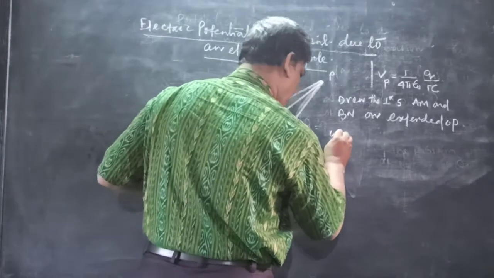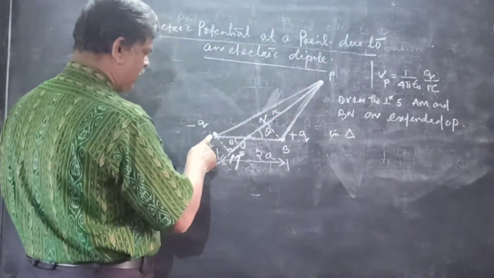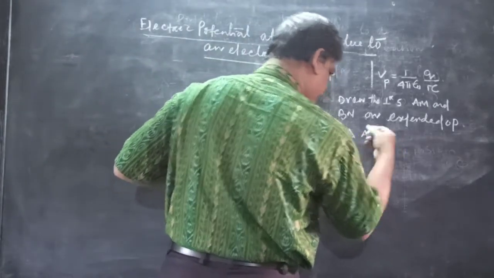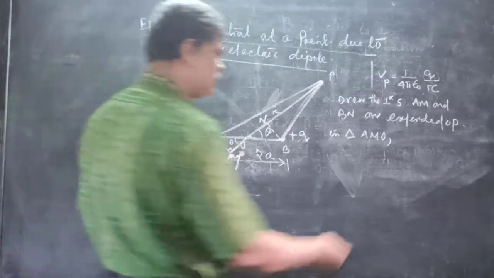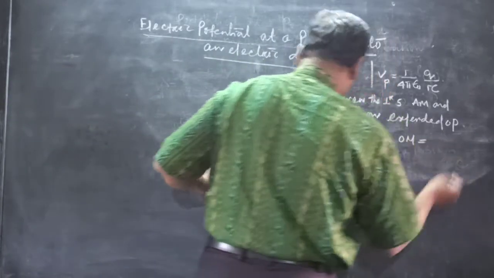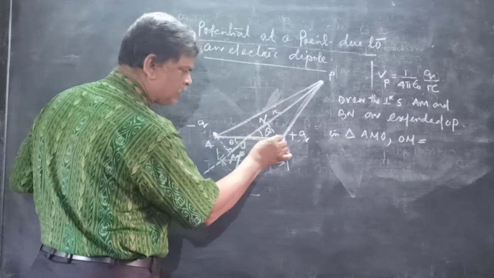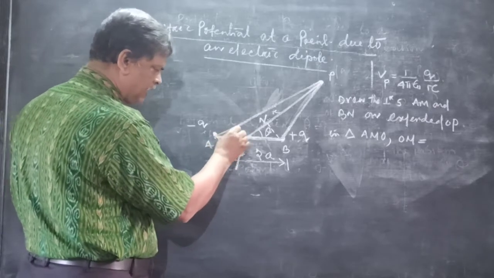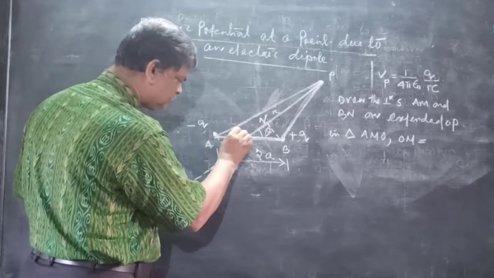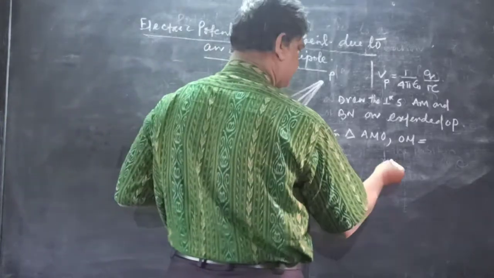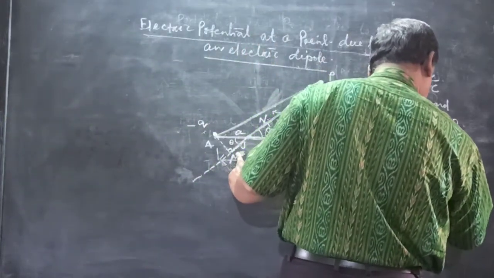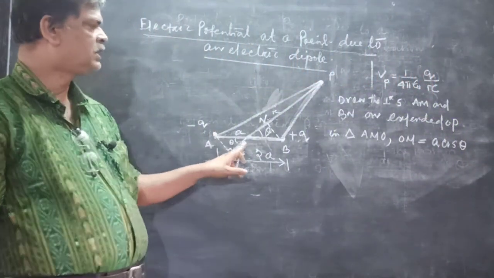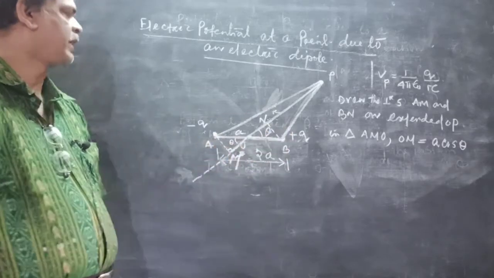In triangle AMO, with this angle theta, OM is equal to, look, this is the length of the dipole 2A, so the central part is A, and this is theta. So this is A cos theta. So OM is equal to A cos theta in triangle AMO.